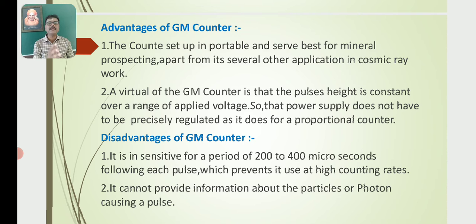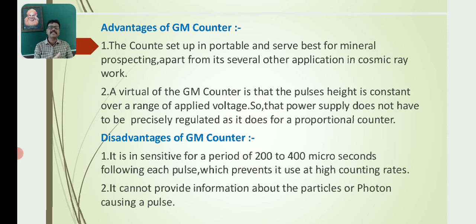A virtue of the GM counter is that the pulse height is constant over a range of applied voltage, so the power supply does not have to be precisely regulated as it does for a proportional counter. So these are the advantages of the GM counter.